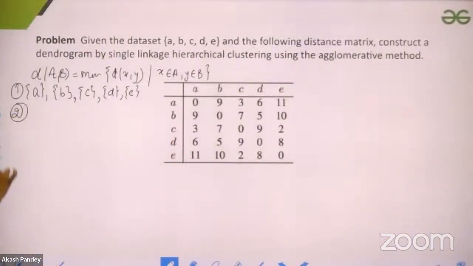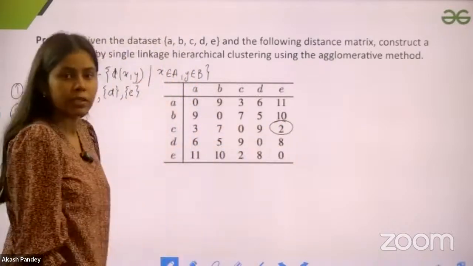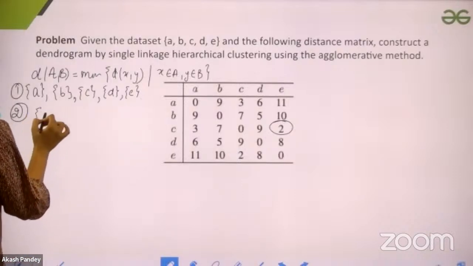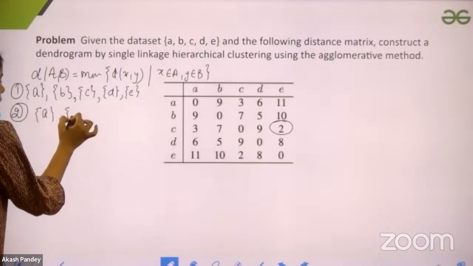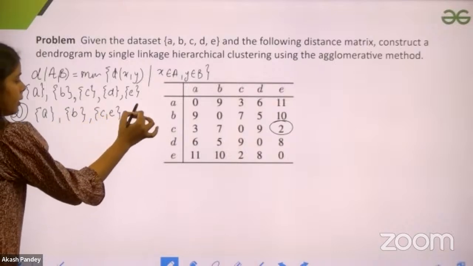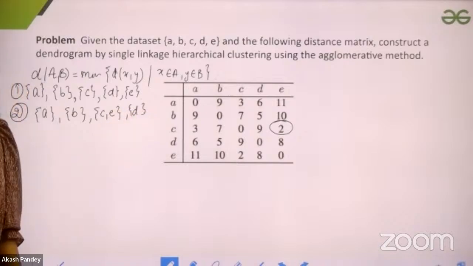First I have to join two clusters, so I look for the minimum distance. I can see this is the minimum distance, so C and E get combined. So I get 4 clusters: A, B, C comma E, and D, in the next step.